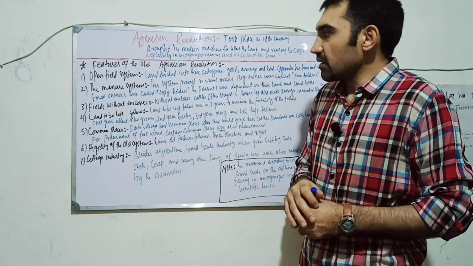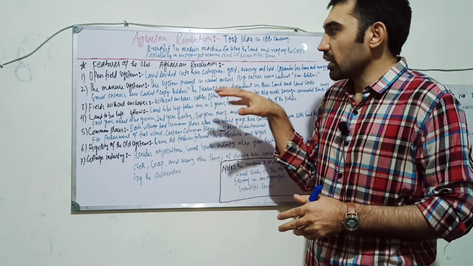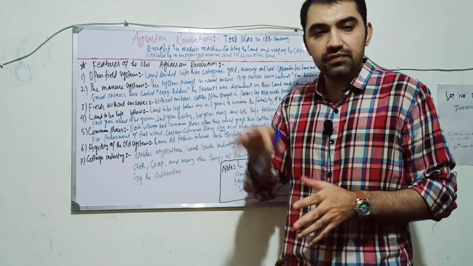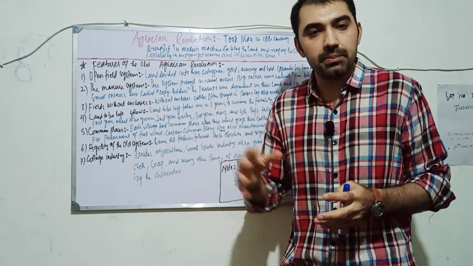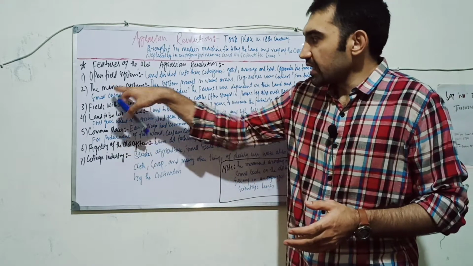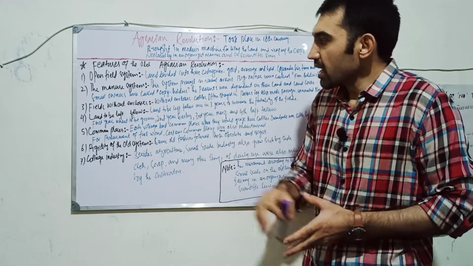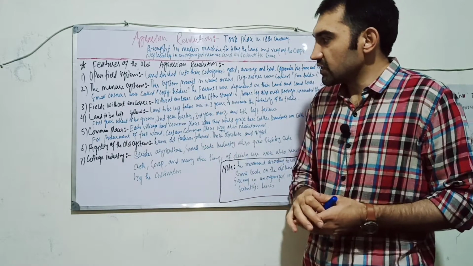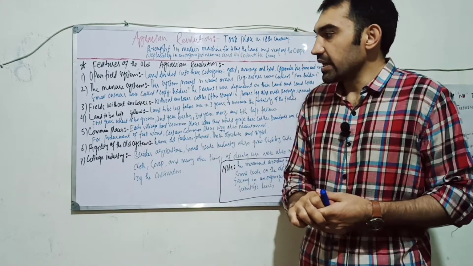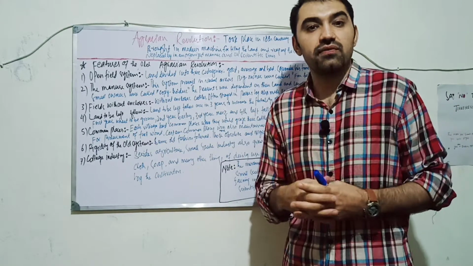The first feature on which the old agrarian system was based was the open field system. The second is the manure system. The third is fields without enclosures. The fourth is land to be left fallow.